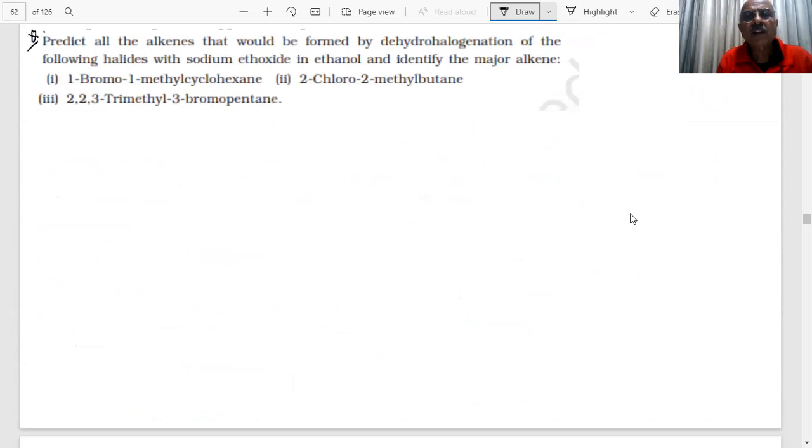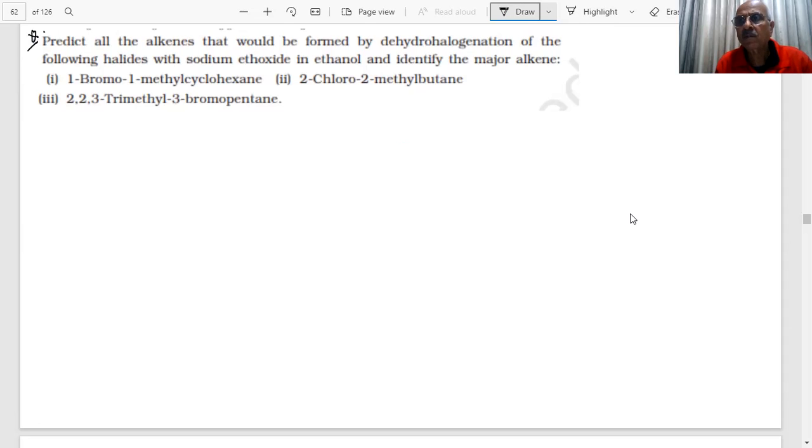Predict all the alkenes that will be formed by dehydrohalogenation of the following halides with sodium ethoxide in ethanol and identify the major alkene, students. First, you should be able to write down the structure, and then you should be able to give the products and what will be the major products in such cases. Important question.